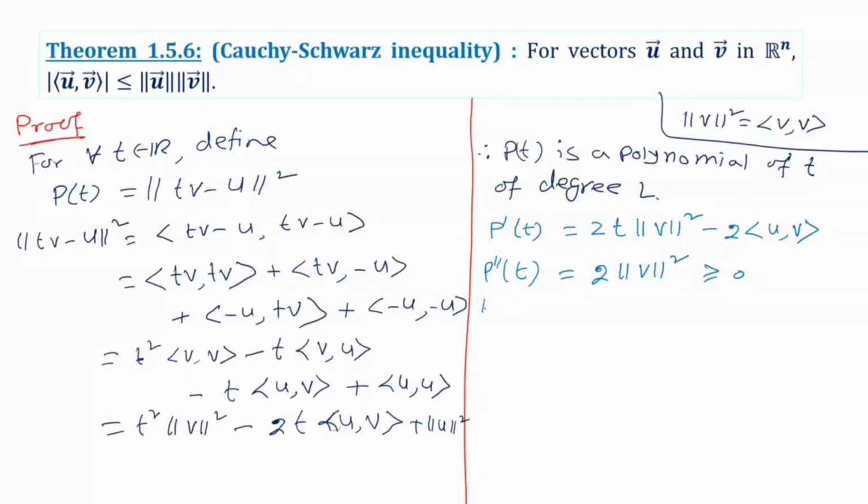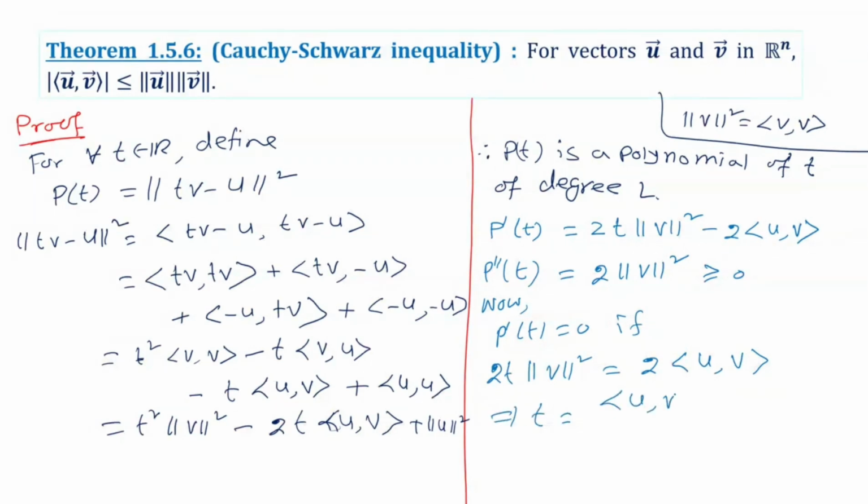Now P'(t) is equal to 0 if 2t norm of V whole square is equal to 2 inner product ⟨U, V⟩. This implies t is equal to inner product ⟨U, V⟩ over norm of V whole square.